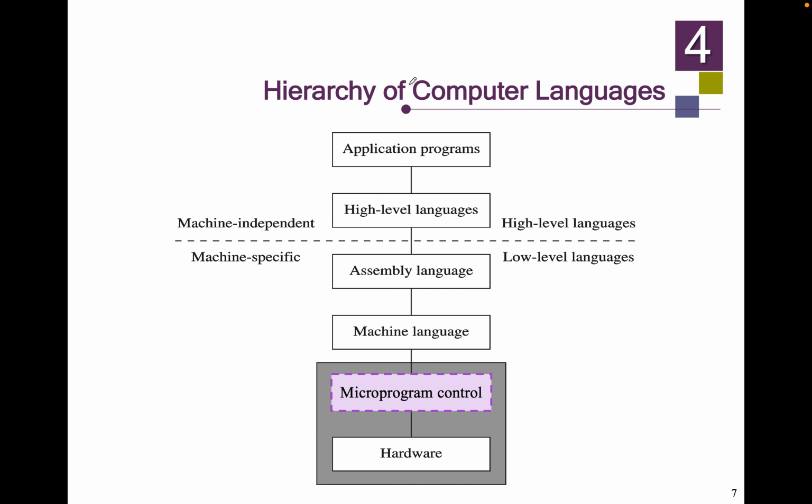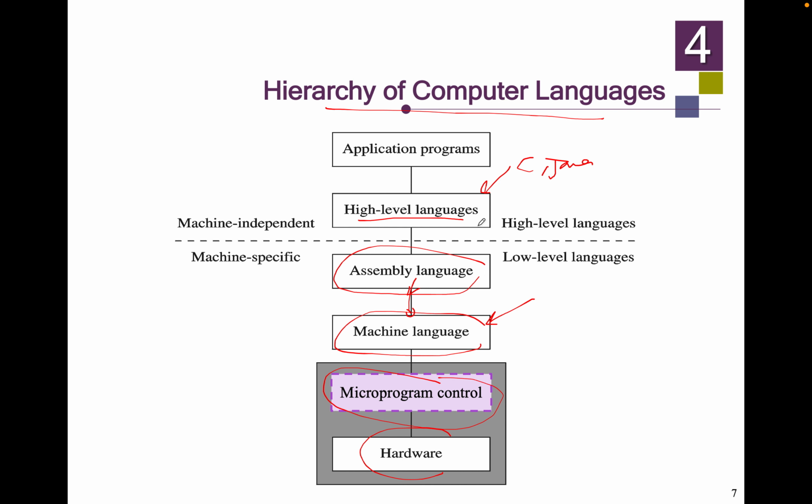So here is the hierarchy of our computer language. You can see this is hardware, which is maybe your computer, then microprogram control, and there is machine language here. Assembly language basically converts to your machine language, which is similar. And now here is your high level language: your C programming, your Java, your Python, and a lot of other higher level languages.